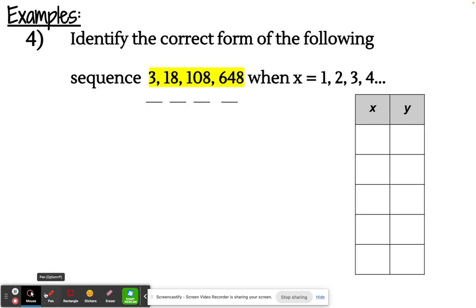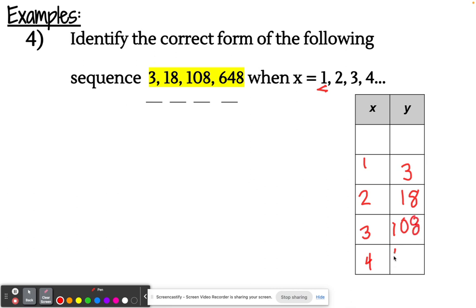Next example, I have 3, 18, 108. And again, it says when x is 1, 2, 3, 4. At 1, it's 3. At 2, it is 18. At 3 it is 108.